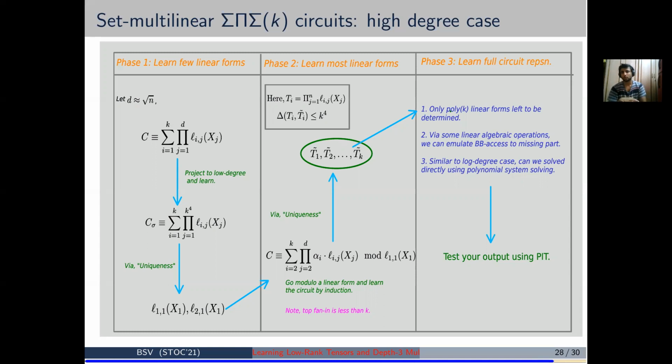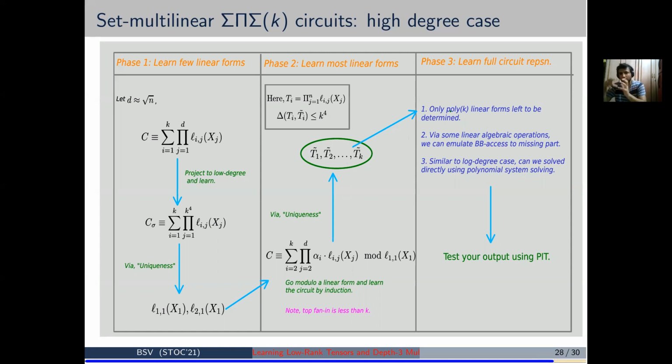So now you can use your induction hypothesis and learn this representation mod L1. Now this representation mod L1 and your original circuit representation, because of uniqueness, will have lots of common factors. That is, there will be only constantly many linear forms which are yet to be figured out. Everything else you know. From here, we use some kind of linear algebraic argument to get black box access to the missing part.